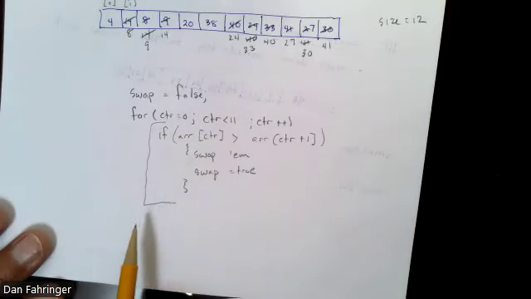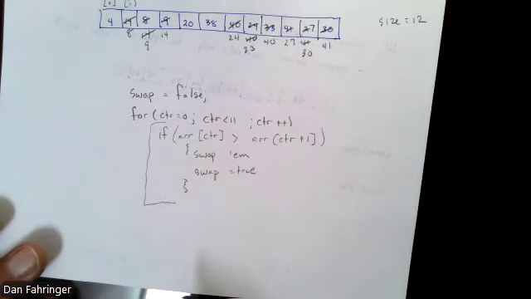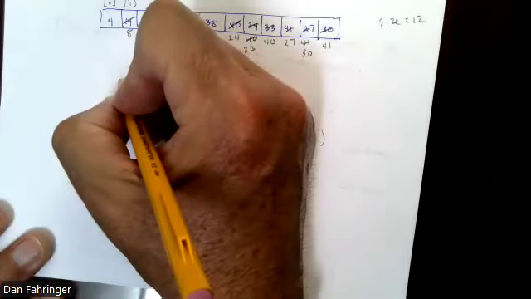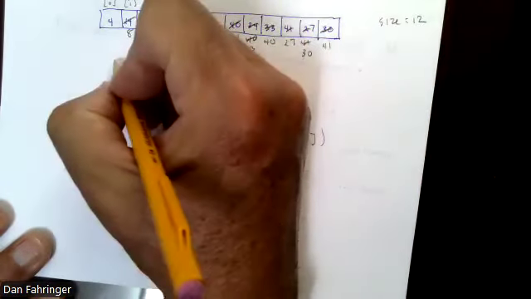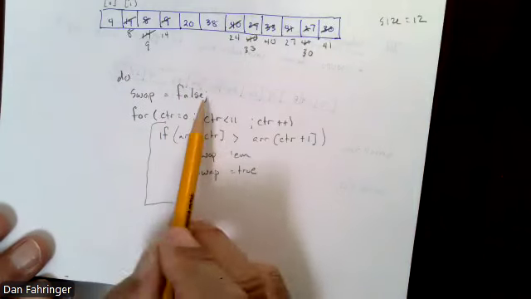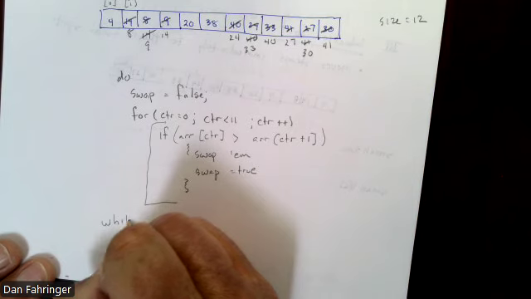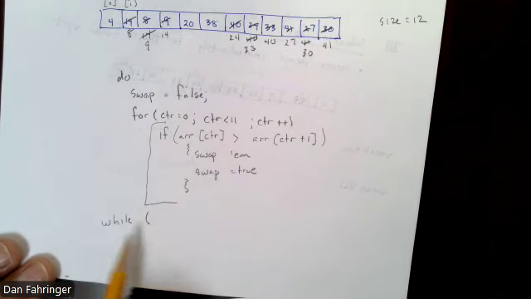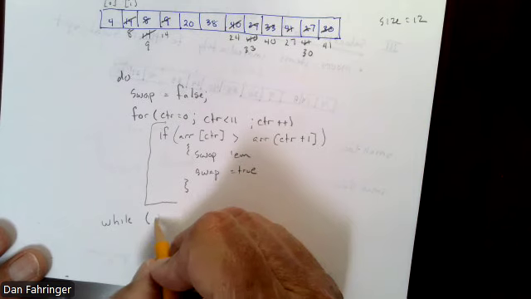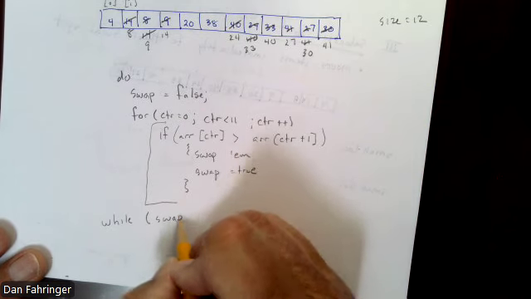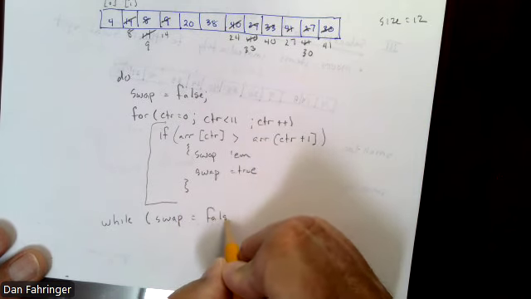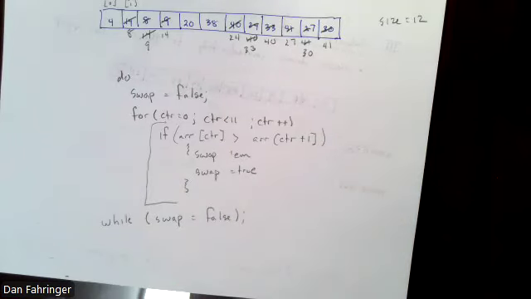So I come in and I have the ever popular do. I don't need to do anything because I come in and make swap false. I come through. This is going to be while. I want to keep doing this while swap equals true.